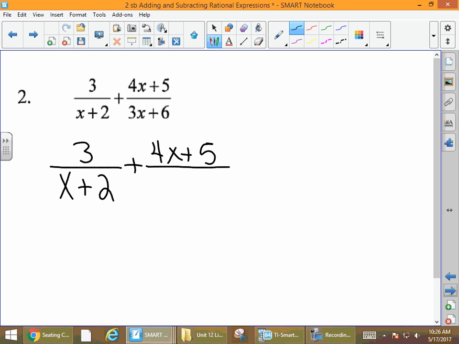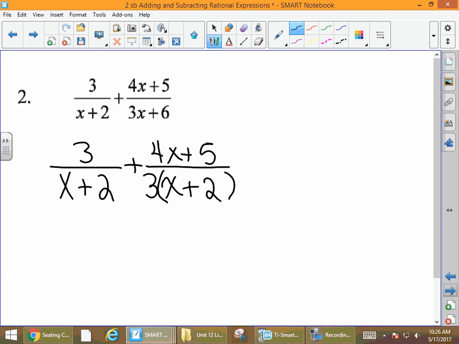But what's the GCF in our denominator of our second fraction? And hopefully you're thinking 3. We can factor out a 3. 3x divided by 3 is x. 6 divided by 3 is 2.